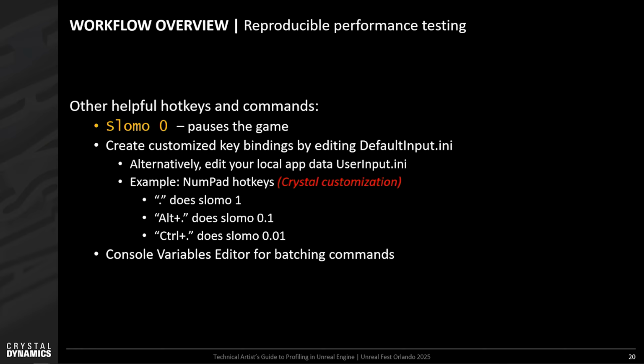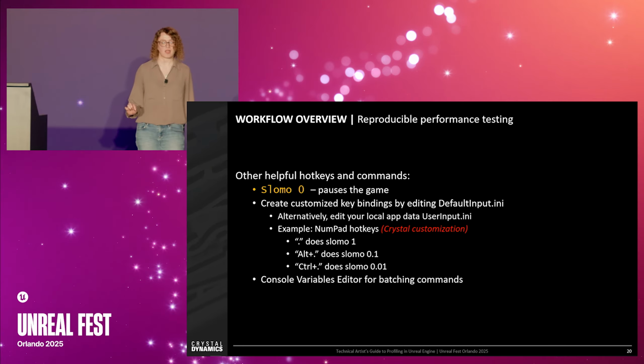Alternatively, you can edit your local app data user input INI and add whatever commands you would like to use personally. A few examples that we've added: on the numpad, the period key does slow-mo 1, alt period does slow-mo 0.1, and control period does slow-mo 0.01. That way we can very carefully step through and find the exact frame that we want to profile.